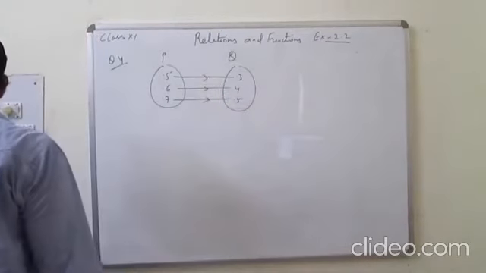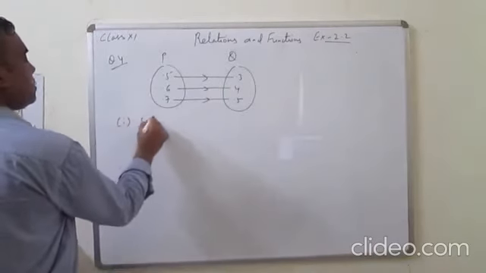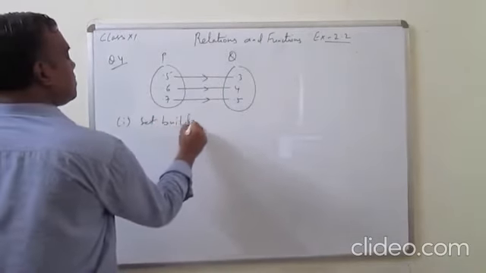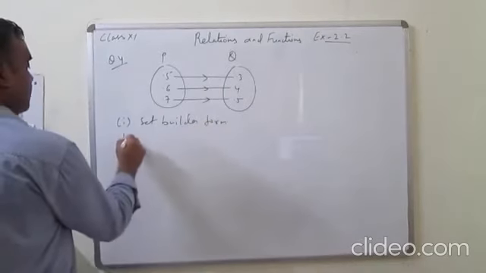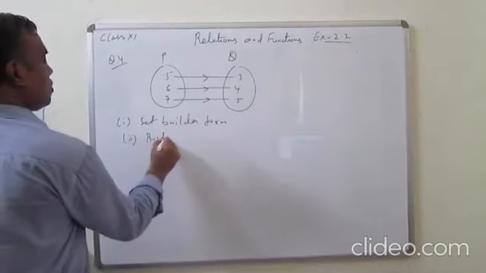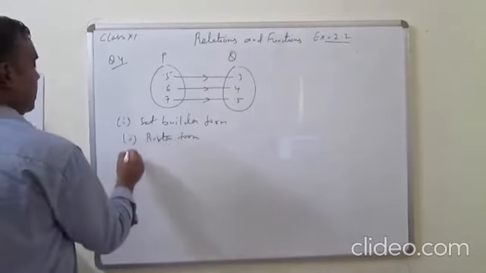This figure is given to you. Write this relation in number 1, set builder form. Second, roster form. And what is domain and range?